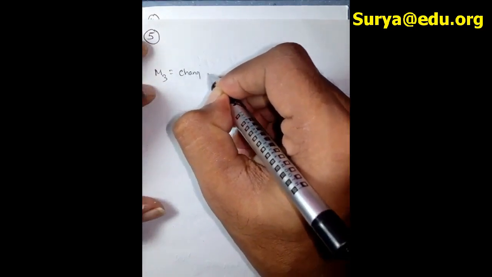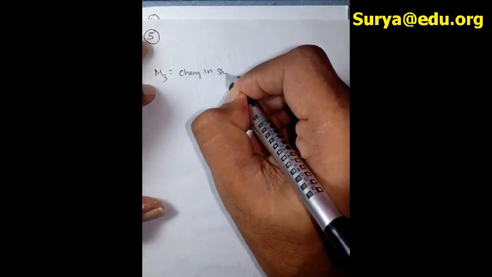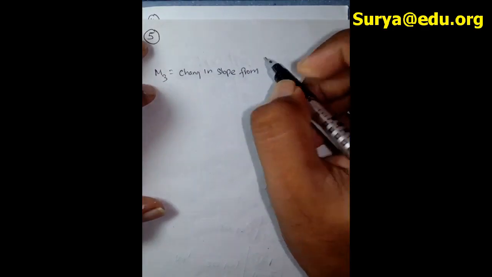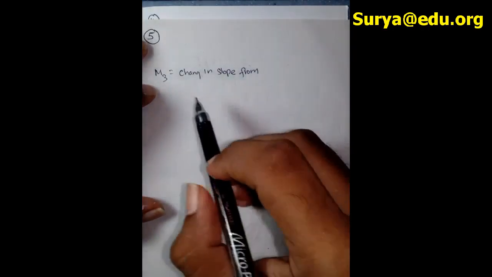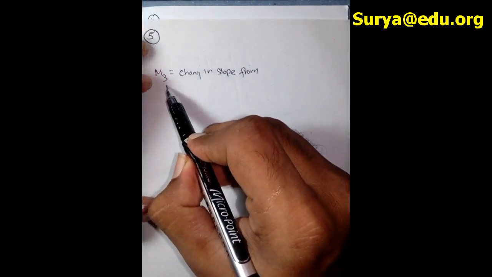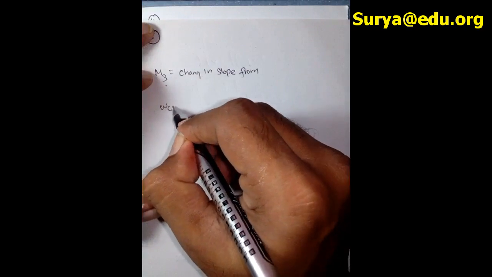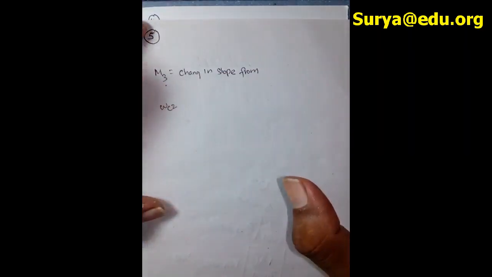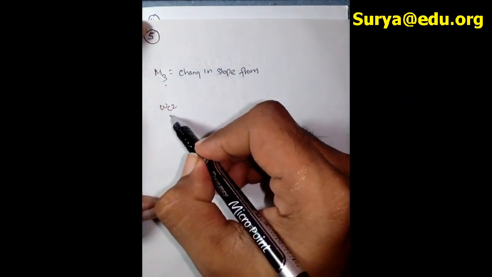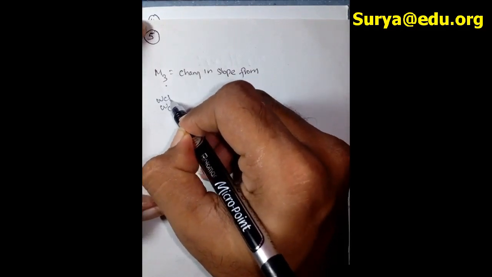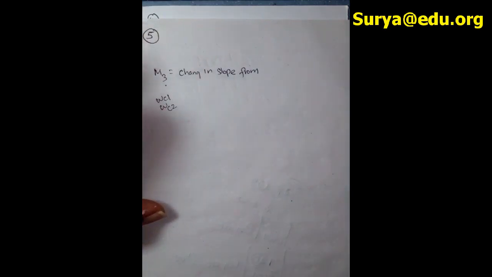Change in slope. What is the current frequency for M3? It is omega c2, we know that. What is the frequency before that? That means omega c1 according to our order table.